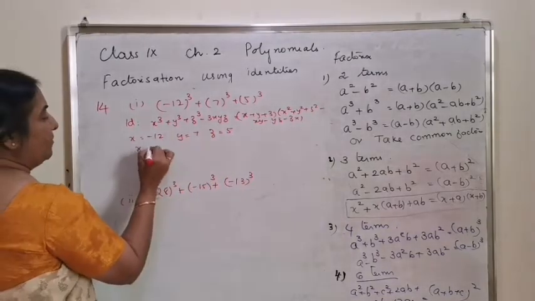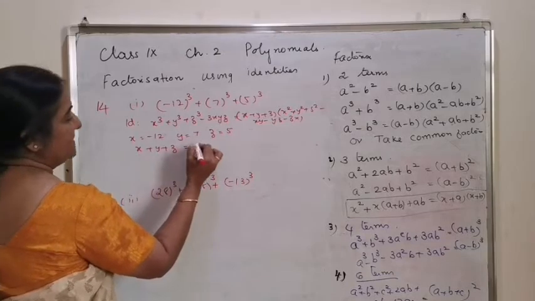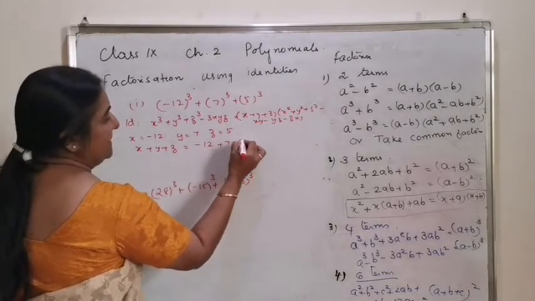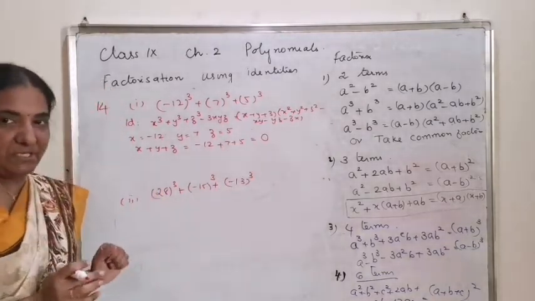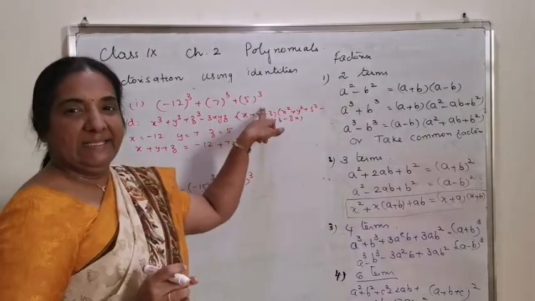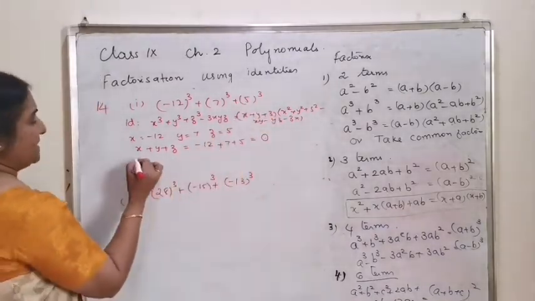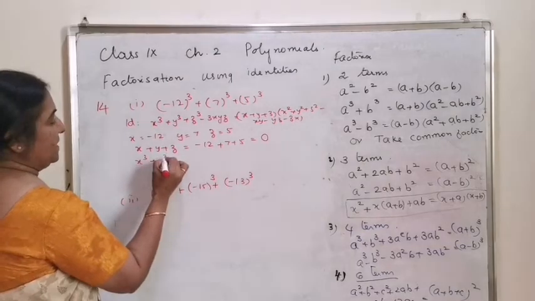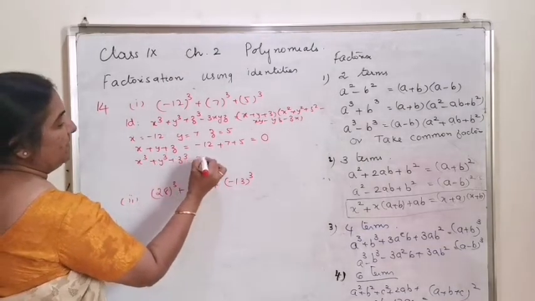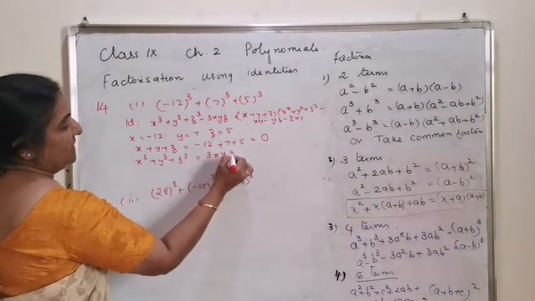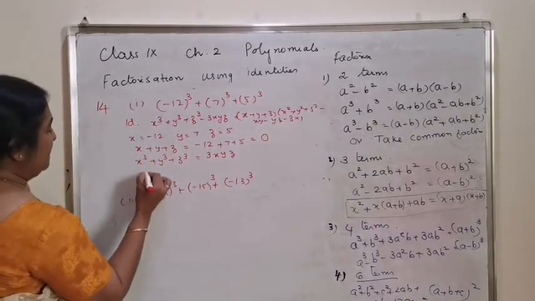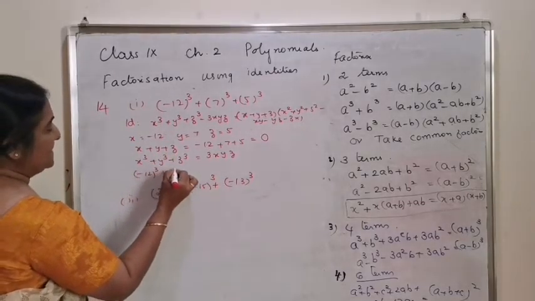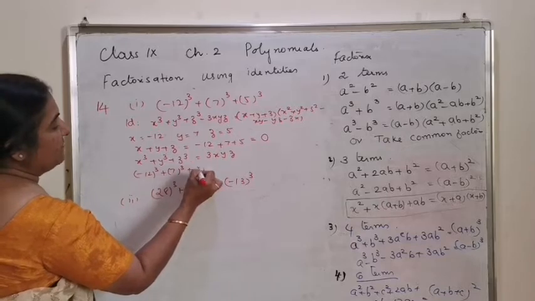What is the total of x plus y plus z? It is minus 12 plus 7 plus 5, which is equal to 0. Therefore, x cube plus y cube plus z cube will become 3xyz. That is minus 12 cubed plus 7 cubed plus 5 cubed.